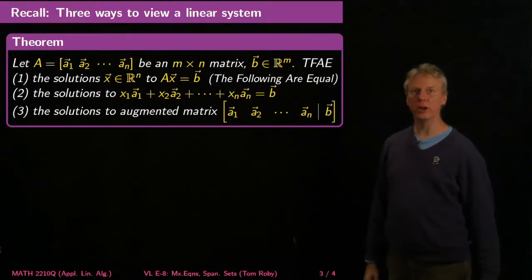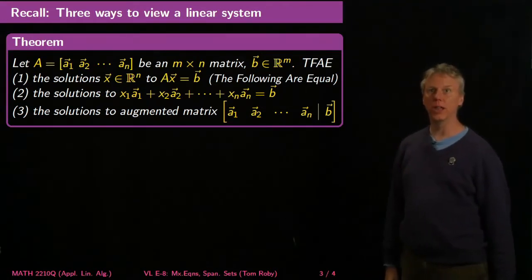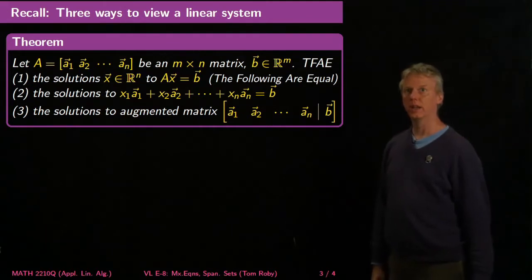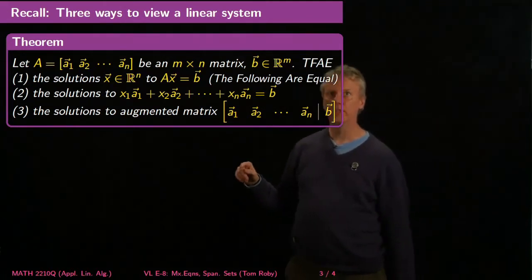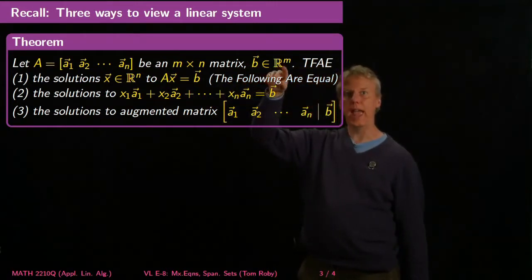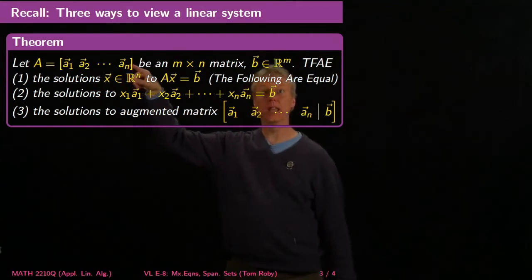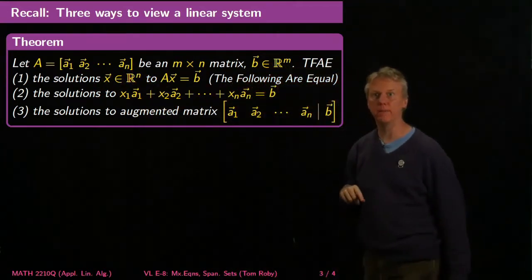So here we go. This is a reminder, so you should recall the three ways to view a linear system from the last video lecture, video lecture E7. We've got an m by n matrix A, and we've got some length m vector b. Each of these n columns is a length m vector, and b is also a length m vector.